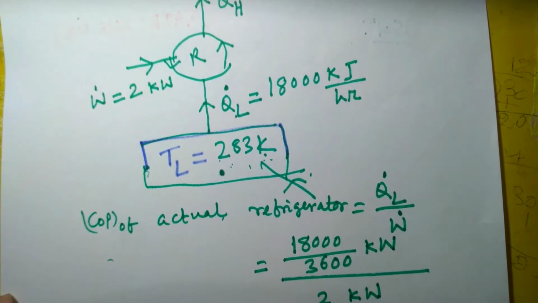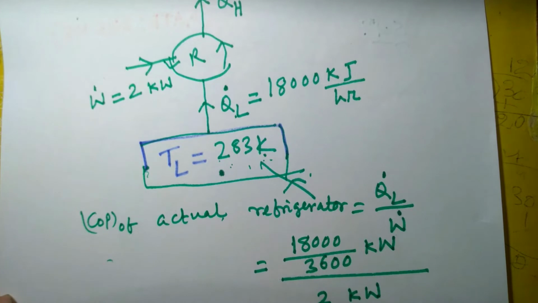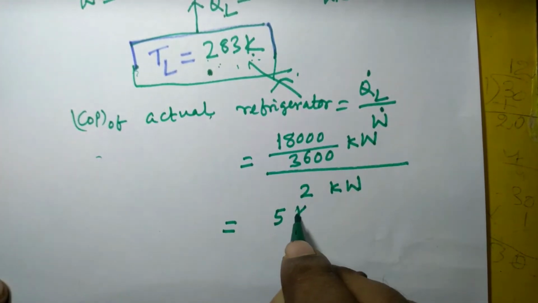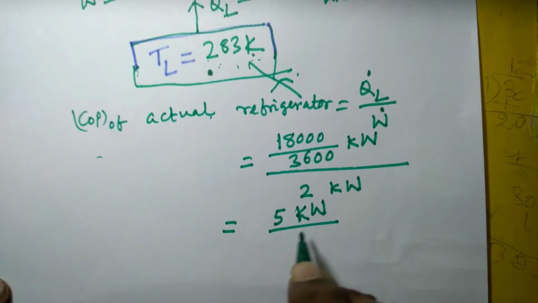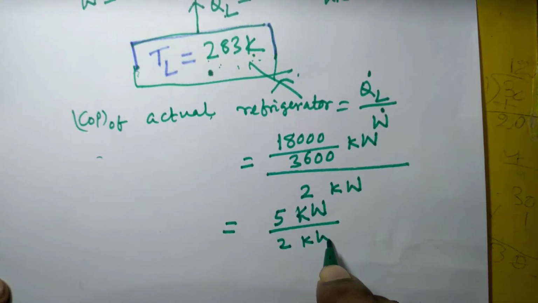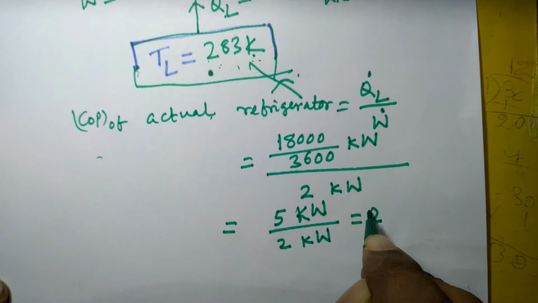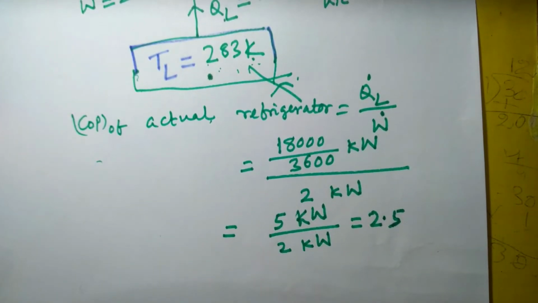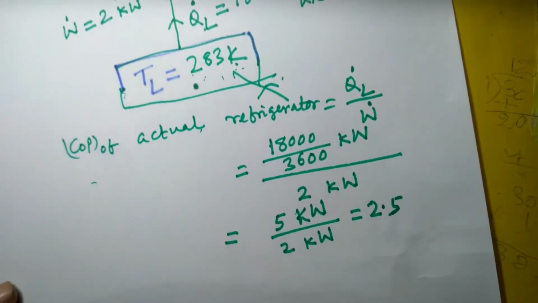This is equal to 5 kilowatt divided by 2 kilowatt. This is equal to 2.5. This is the COP of the actual refrigerator.